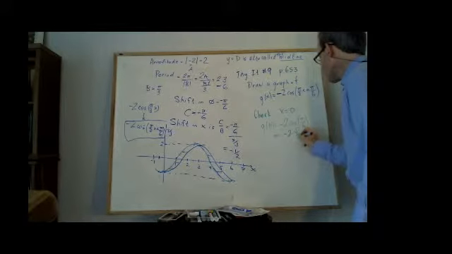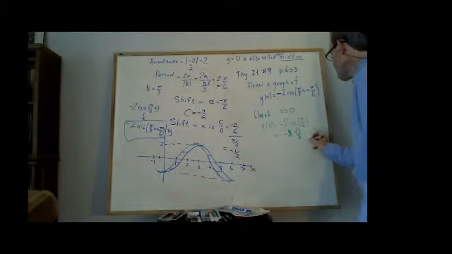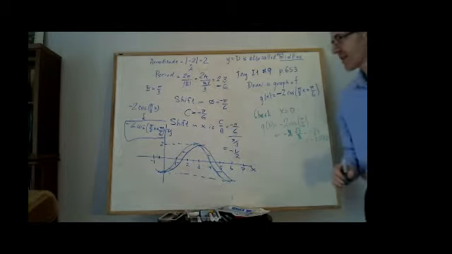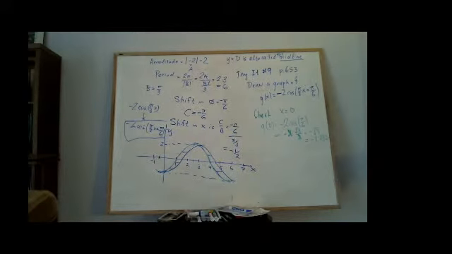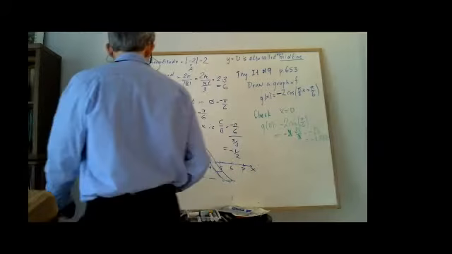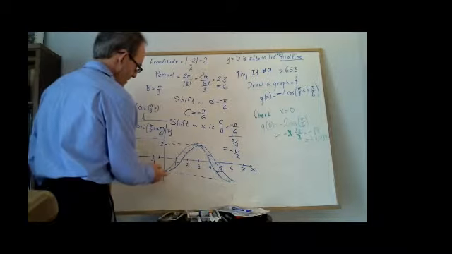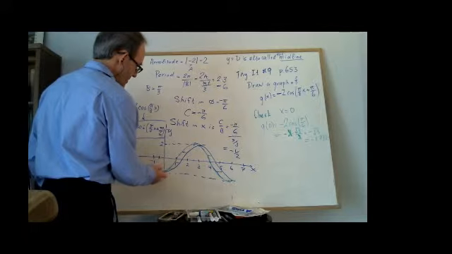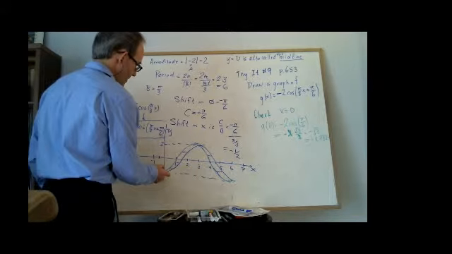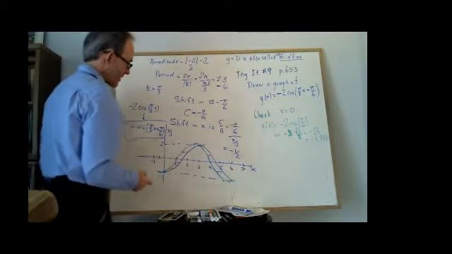So it's times root 3 over 2. The 2's cancel, and I get minus root 3, which is about -1.732. That you can use a regular scientific calculator to find. Does that make sense? Yes, it does. That's about correct, because when you go back through this point here, the value of y is less than -2 in absolute value. This is -2 right here. You're going to be less than -2 in absolute value. That's going to be about right.